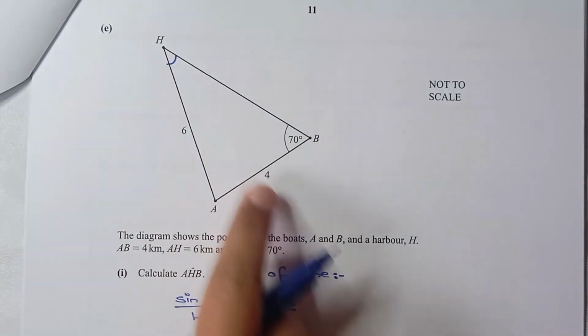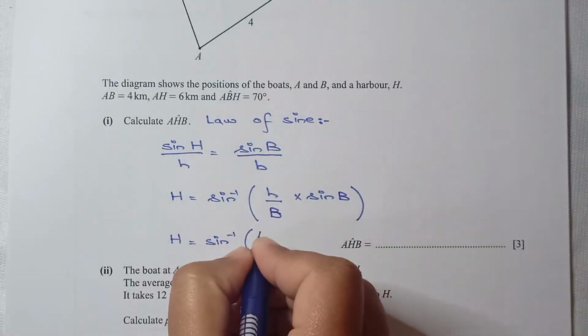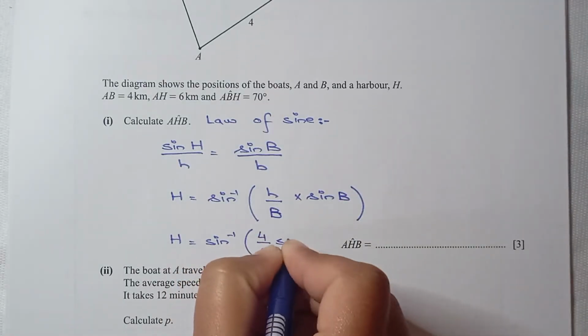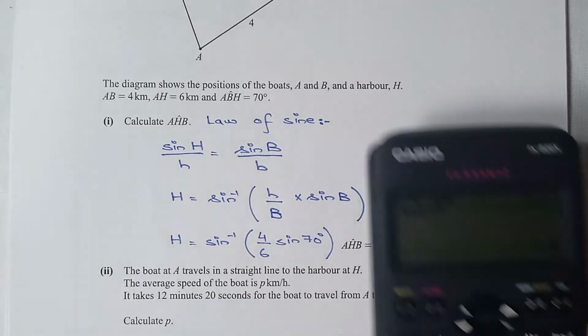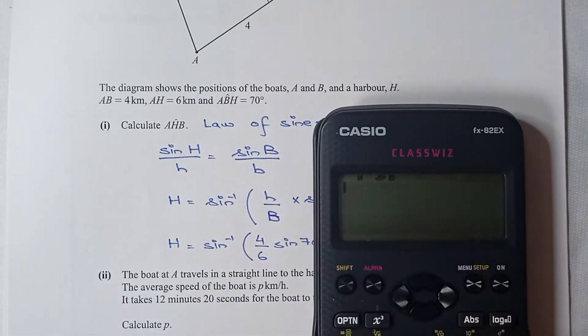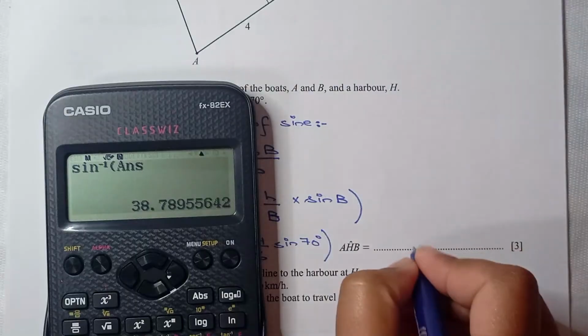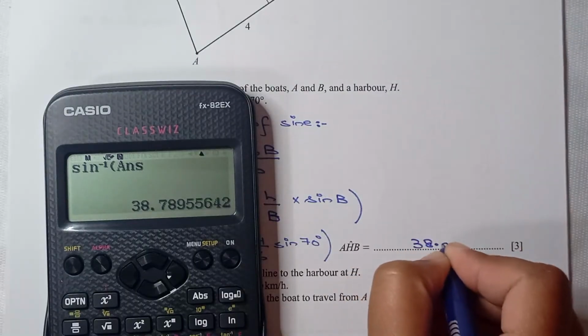So H is 4 and B is 6, so 4 by 6, and sine of angle B 70, sine of 70 degree. Okay, so let me do it. First sine 70 times 4, divided by 6 and doing sine inverse, 38.78, and this would be 38.8 degree.